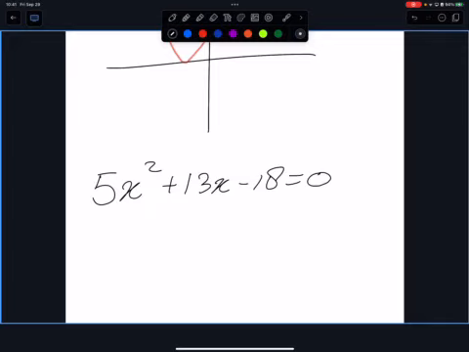First step, factorize. You need to find which two numbers make 5 and which two numbers make negative 18. For 5, it's easy, it's a prime number, it's 5 and 1.